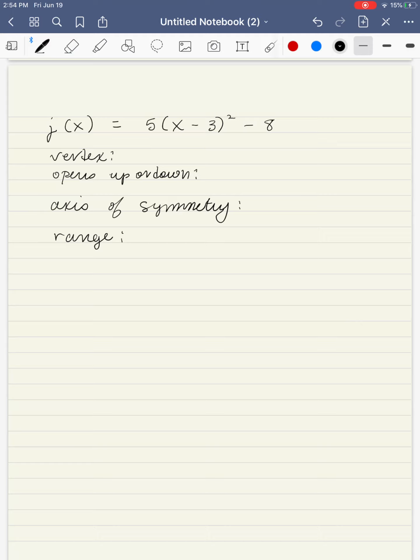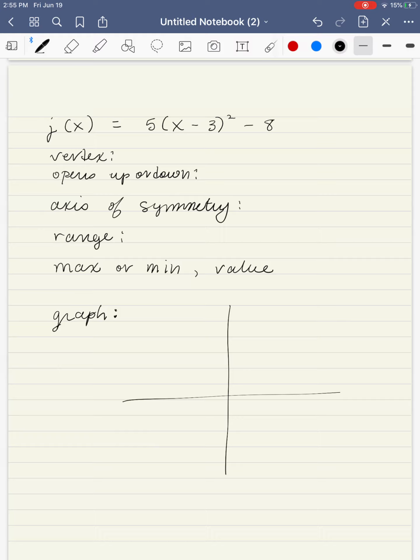I want you to write the range. I want you to write whether you have a maximum or a minimum and what that maximum or minimum value is. And if it helps you to draw a graph of it, a quick sketch to see how this looks, you can go ahead and do that as well. So pause the video, find all of this information, and then turn the video back on.